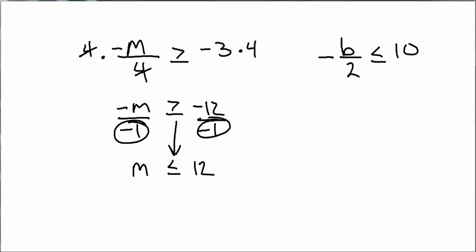But look, if you multiply this side by negative 2, what's a negative times a negative? A positive. So what does the b become? It becomes positive. And what do you want it to be? You want it to be positive. All right? Change the direction. And that should be a negative 2, right? And this is negative 20.